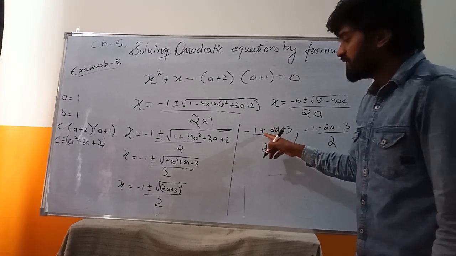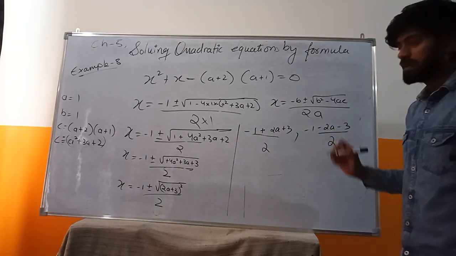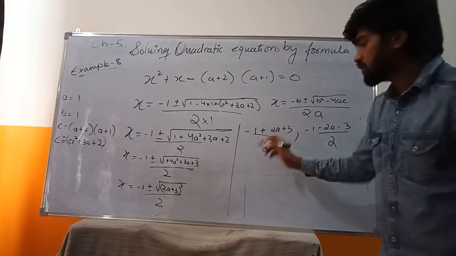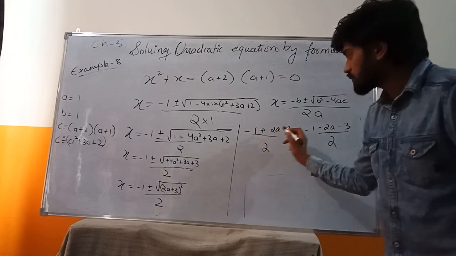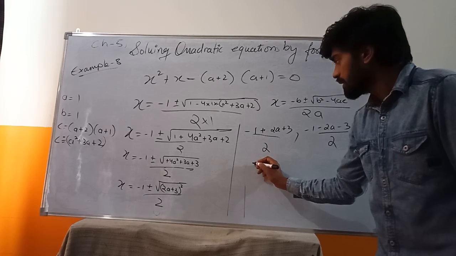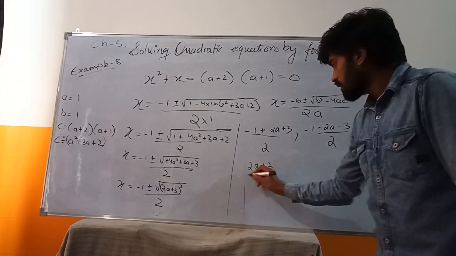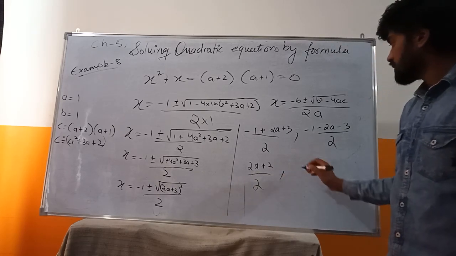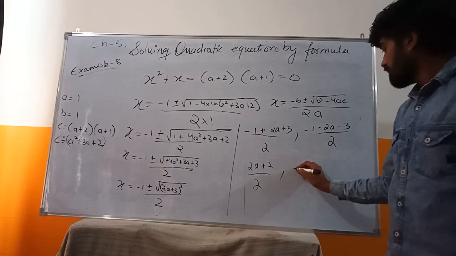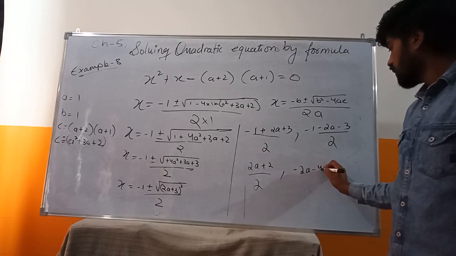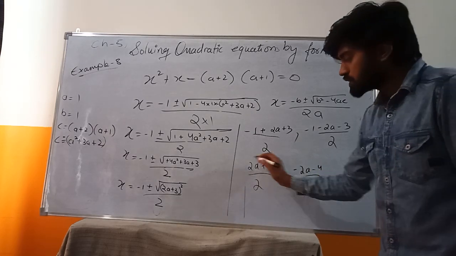Why? The very first time I took plus, and the second time I took minus. So I can solve some like terms over here. Minus 1 and plus 3, it's going to become 2a plus 2 upon 2, and this is going to become minus 2a minus 4 upon 2. You can also take 2 common.